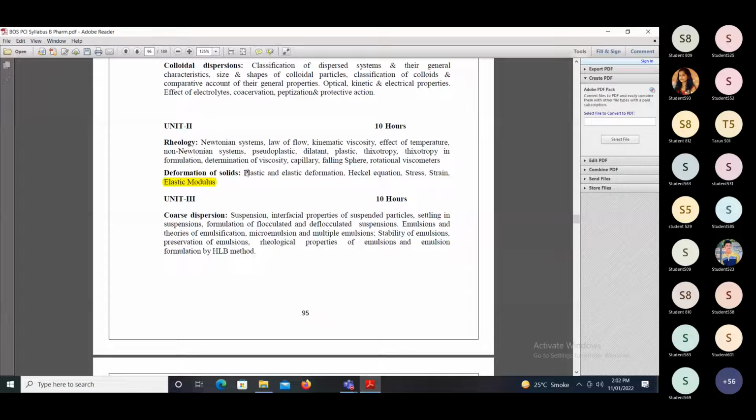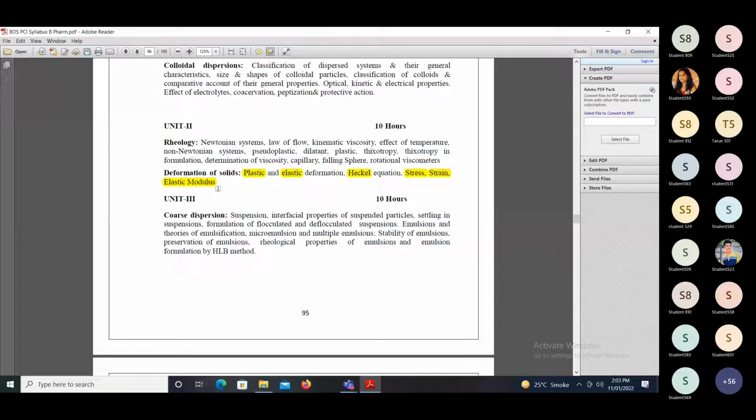In elastic and plastic deformation, it is important to distinguish the features between plastic deformation and elastic deformation. And we will determine the different types of stress and strain under this rheology chapter.